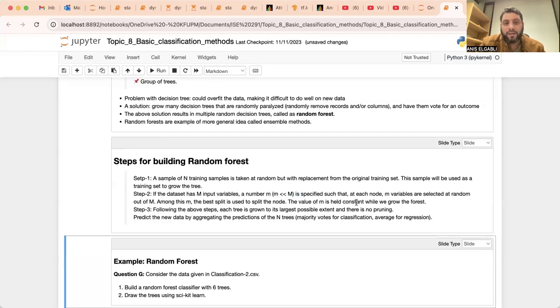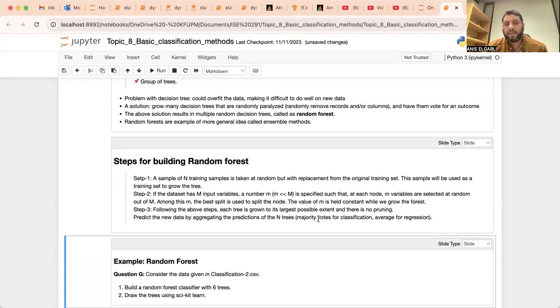If we are running regression trees, then the way we aggregate the outputs of all trees is not a majority vote, but to average the outcome of all of these trees. But again, in this course, we are only focusing on decision trees as classifiers.